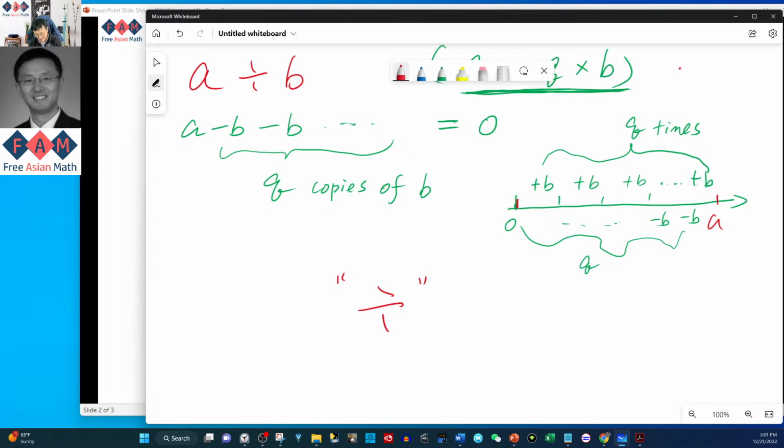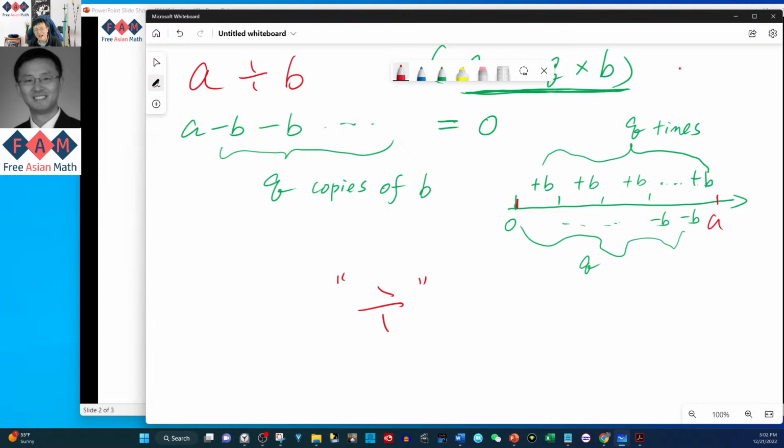Notice that this is exactly the reversal, or inverse operation, of what we do with multiplication. Multiplication is just repeated addition, and in this case, division is just repeated subtraction, with a big assumption that we will do this perfectly.